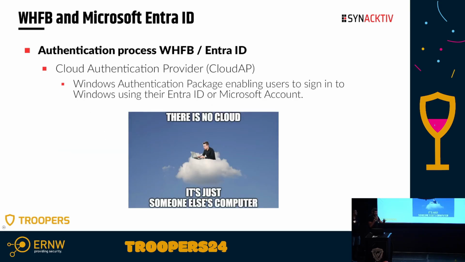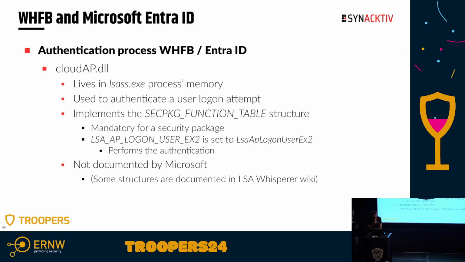Okay, so another part of the process is the Cloud Authentication Provider, the Cloud API provider. It's basically the provider that uses LSASS to authenticate you to Entra ID. All the functions are in cloudap.dll. It lives in the lsass.exe process memory, and it's used to authenticate you to Entra ID.